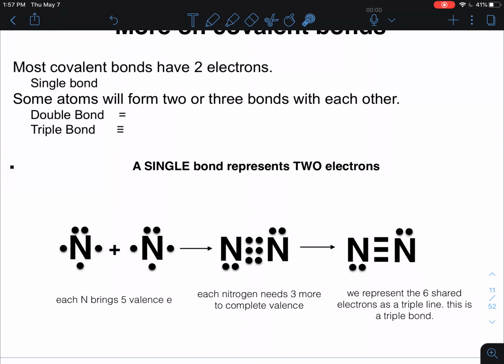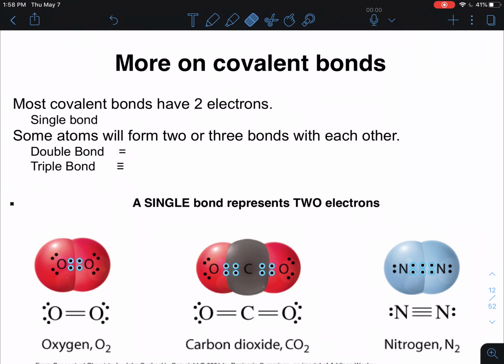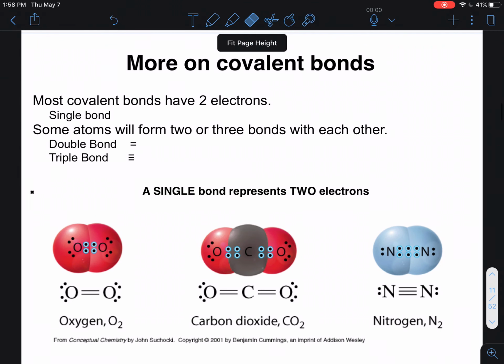This is called the Haber-Bosch process, where we break this triple bond to make ammonia, and that ammonia is a precursor to fertilizer. A lot of fossil fuels and greenhouse gases are released into the atmosphere just because we want to break this triple bond to make NH3, so we can make fertilizer and grow food. If you really want to talk about that in detail with me, please email me. It's a big problem. Okay.